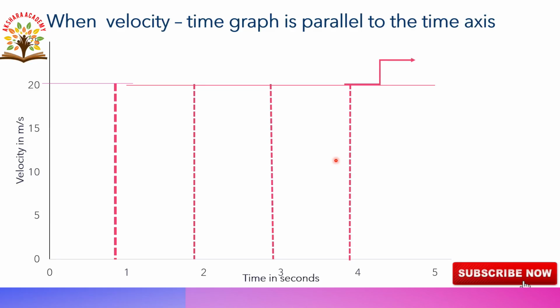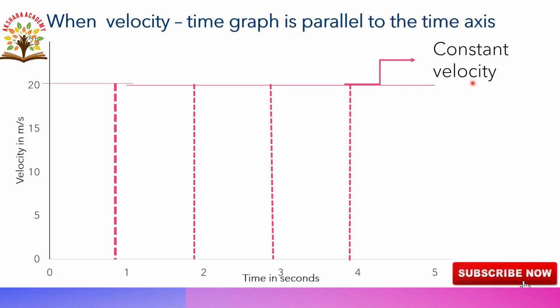The velocity remains the same, though we are increasing the time by 1 second each step. So when the velocity time graph is parallel to the time axis, the body is moving with a constant velocity.